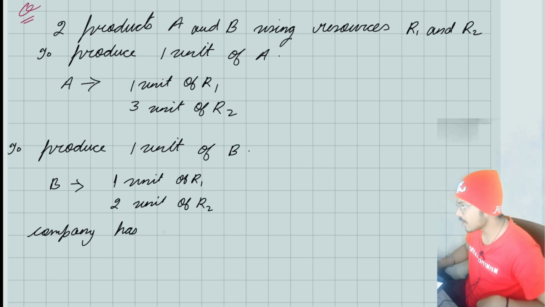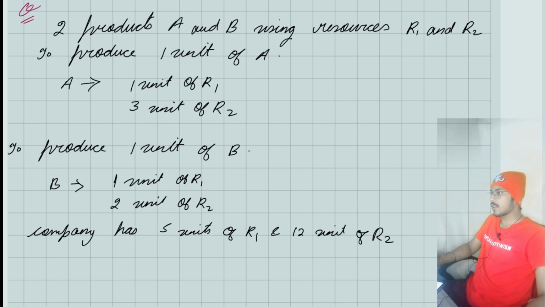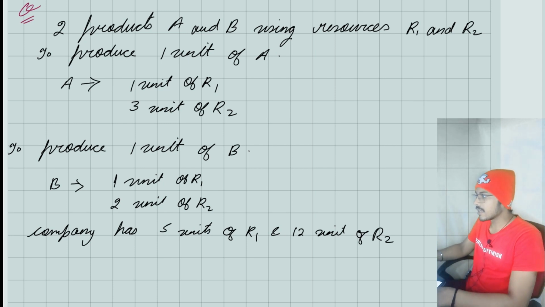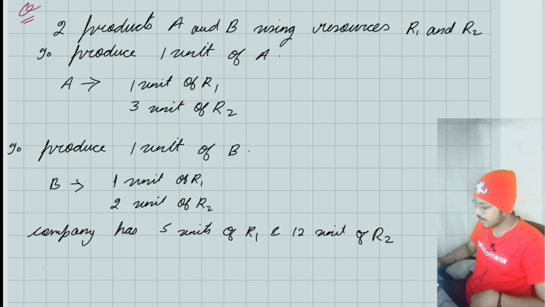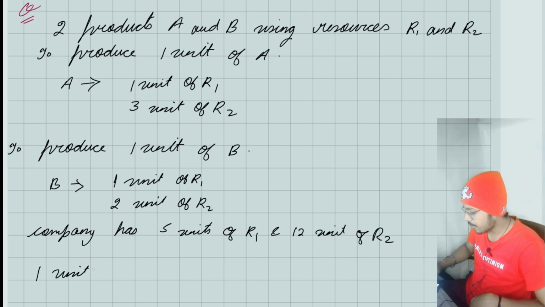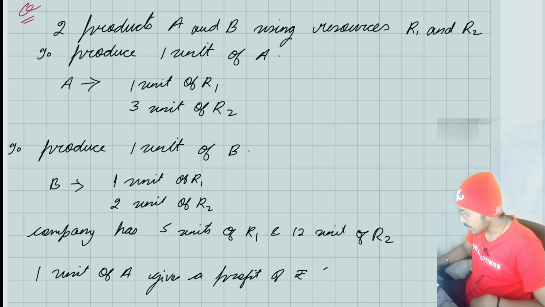Now 1 unit of product A gives a profit of rupees 6, so we can write here: 1 unit of A gives a profit of rupees 6 and 1 unit of B gives a profit of rupees 5.